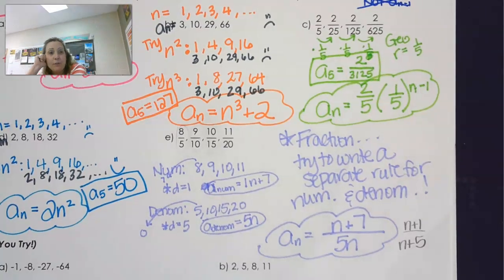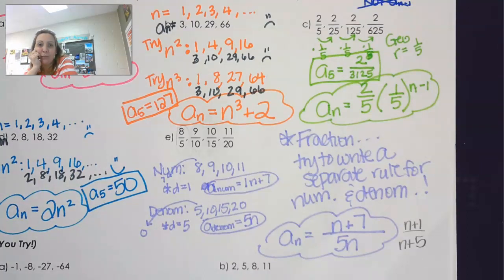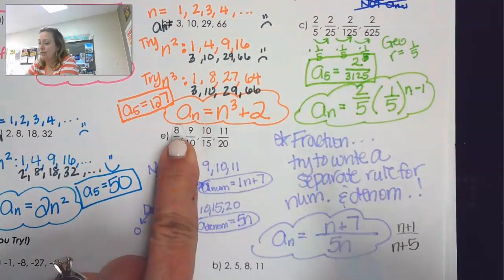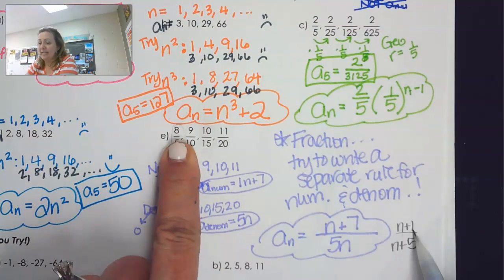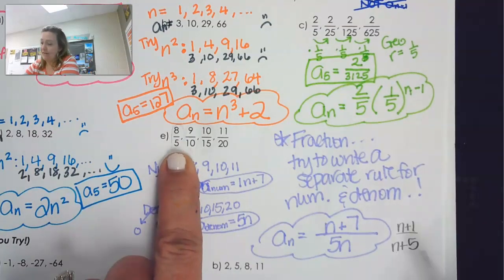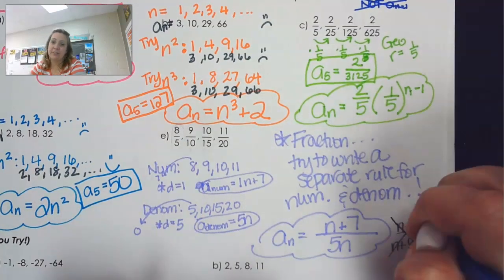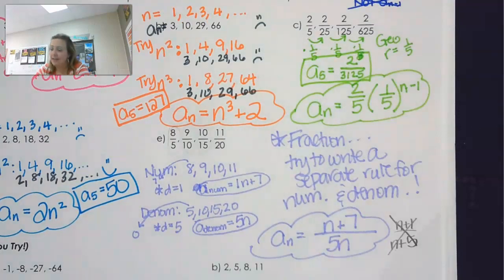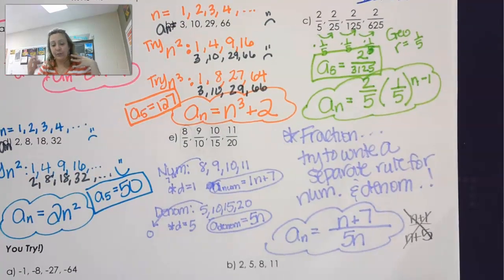A lot of times people do that because that's what you're adding to the next term. But I urge you guys, anytime that you write an explicit rule, substitute it in. If I have a sub 1, 1 plus 1 is not 8. 1 plus 5 is not 5. I can tell that this is going to be incorrect, okay? So make sure when you feel that you have a rule, substitute a couple numbers in and make sure that you're good.